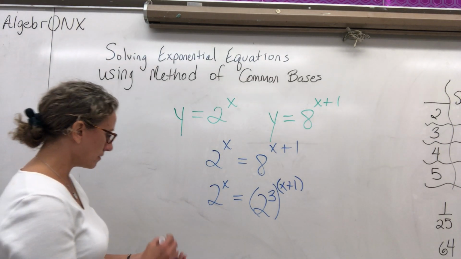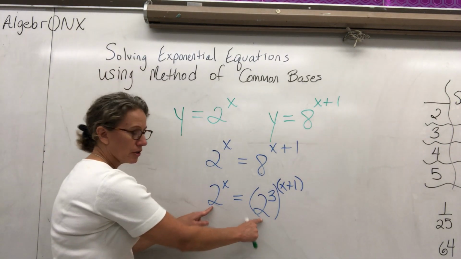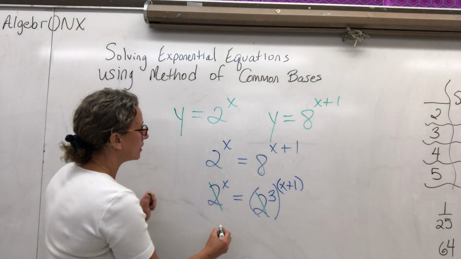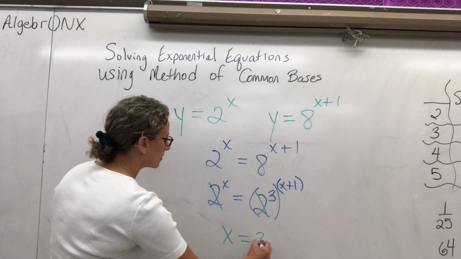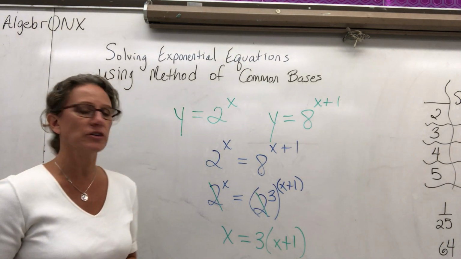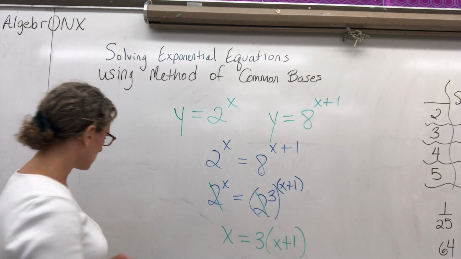Now when these bases match, you're allowed to drop the bases and equate the exponents. And now I can solve a simple equation, x equals 3 times x plus 1.